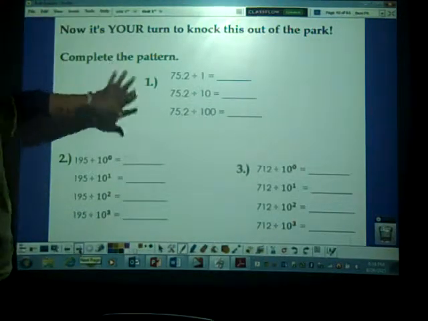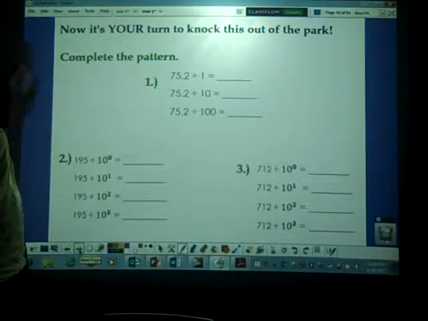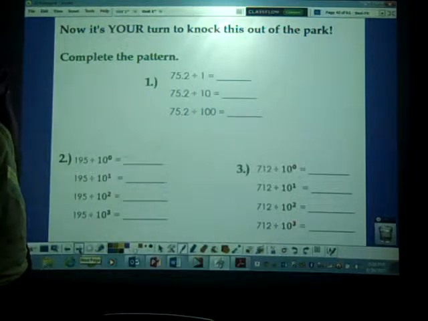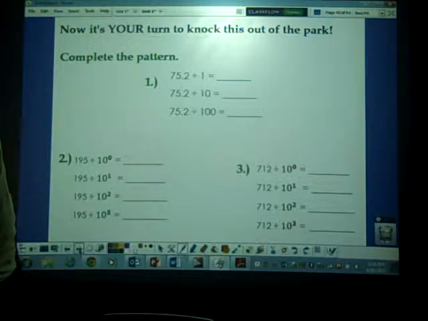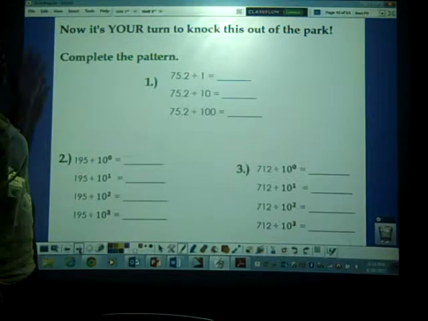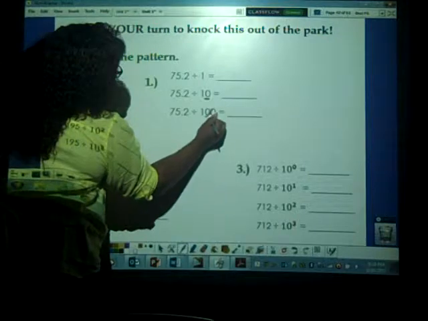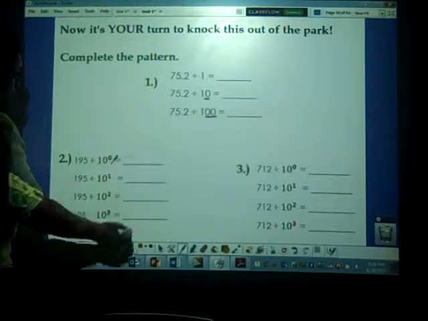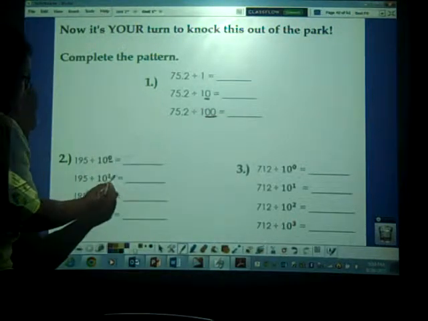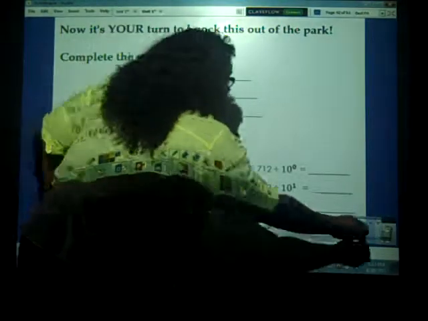Pause the video, copy down all these problems, and once you press play, I'll begin to fill this in. And you see, I'm not going to write everything out because I know what the pattern is going to be, since I've done it so many times, but you guys are going to get to this. So if you need to write your decimal point out to the side, underline your zeros to know how many times to move it, all of that good stuff, by all means, do that because you're learning.